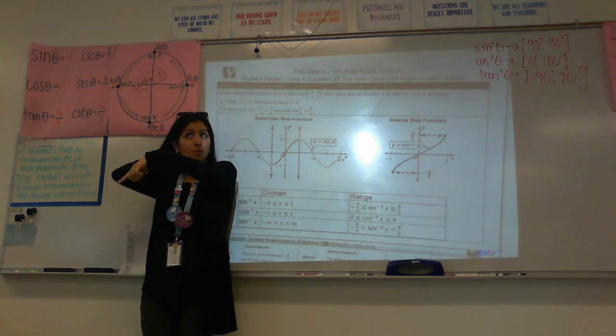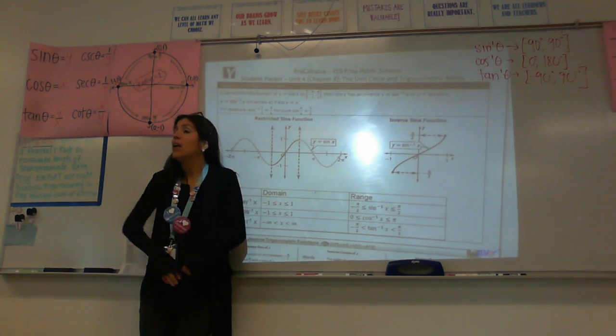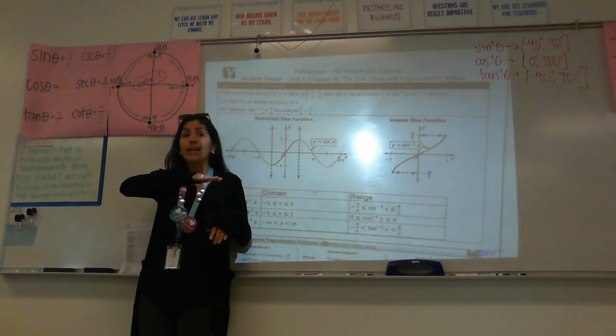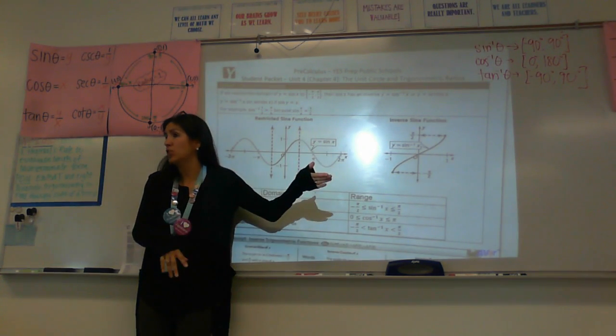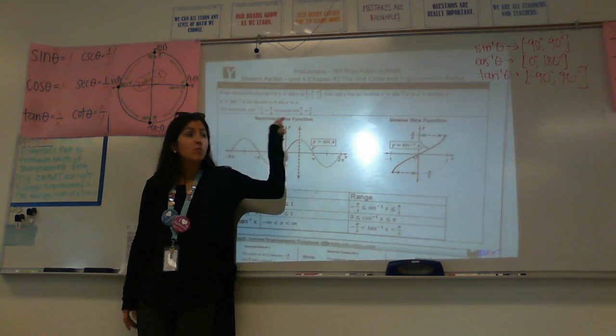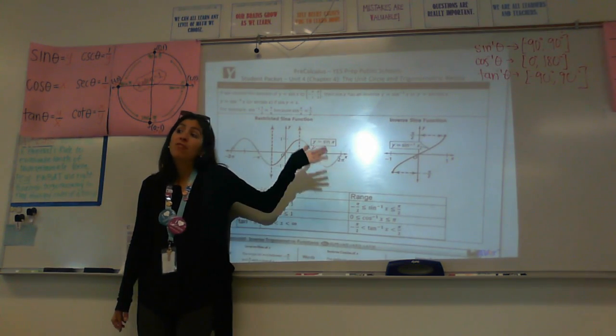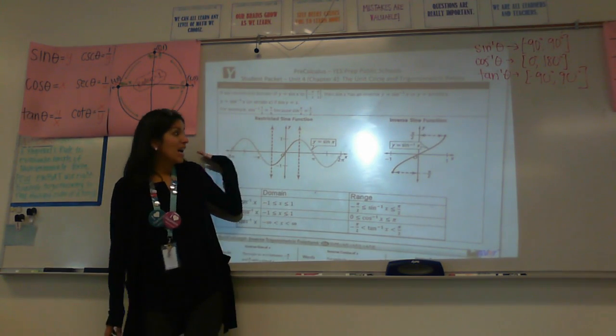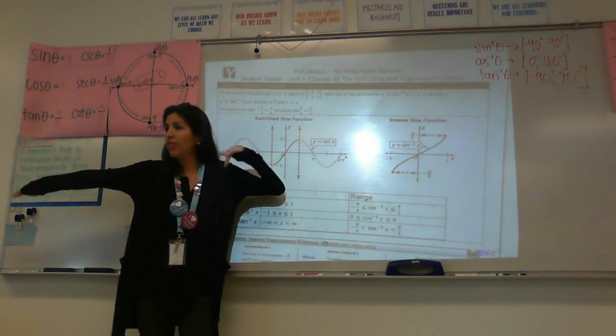Which means when we talked about horizontal line tests in the past, if a function fails the horizontal line test, that means its inverse is not a function. Which means these inverse buttons we're using would not be functions if we looked at this entire curve from negative infinity to infinity.